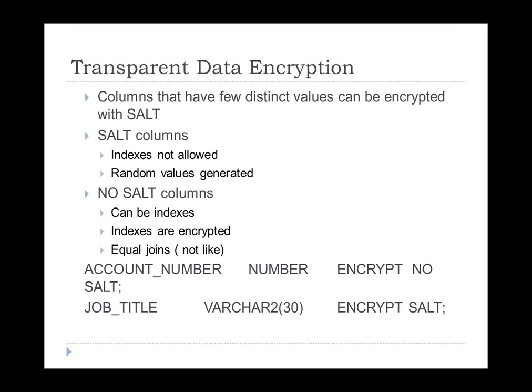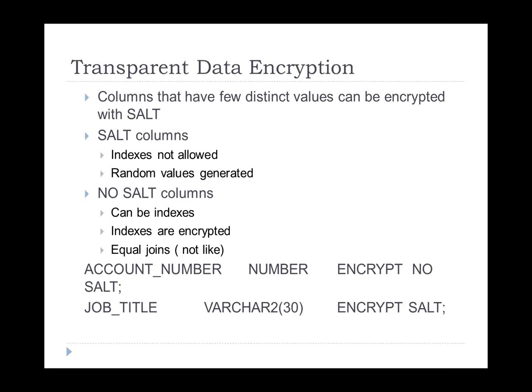When you encrypt those, you possibly could figure out a way to decrypt them if you have very few values to look at. So the salt on the columns will randomly generate these values and put additional security around them so the key is not figured out to be able to decrypt these columns.